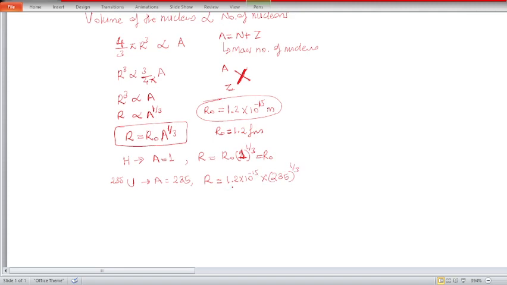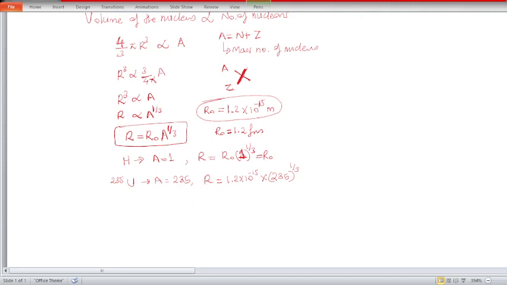If you calculate this, you will get the radius of uranium 235. So depending on the mass number, each nucleus will have a different radius, and depending on that, the size of the nucleus will be different, or the volume of the nucleus will also be different.